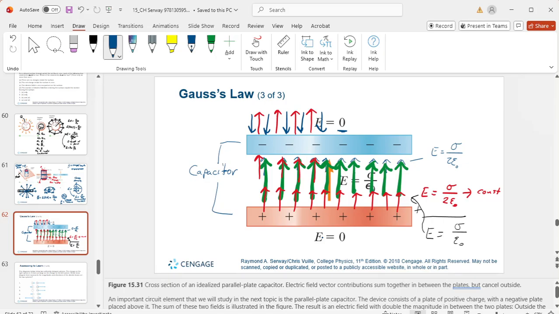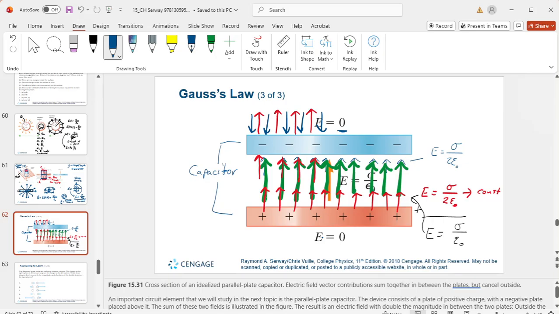Now, this is not strictly true when your plates are finite. And as far as we're concerned, the plates that we're going to be thinking about inside our capacitors are going to be rather small. But compared to an electron, it is super huge, and very near the surfaces, these approximations are true. The electric field is constant between them, with value sigma over epsilon naught, and outside the plates, if you're very close to the plates, the field is effectively zero.